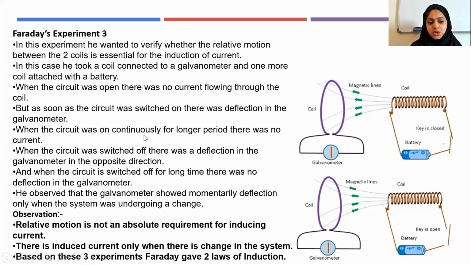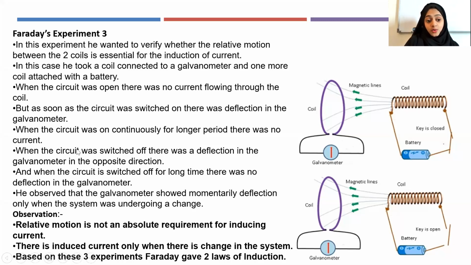Now, when the circuit was on continuously for a long period, there was no current. The magnetic field remains the same, 5 Tesla itself. Then there is no deflection of the galvanometer, which means no current is produced.